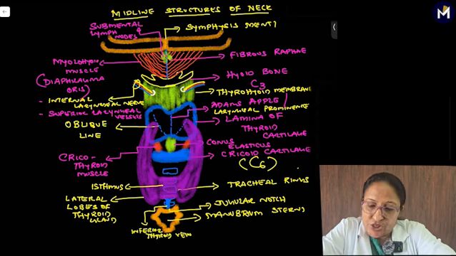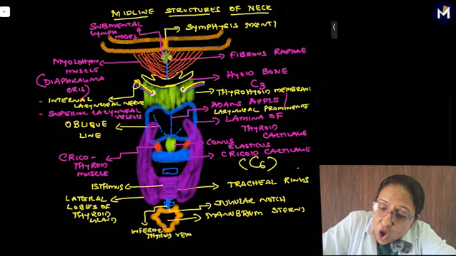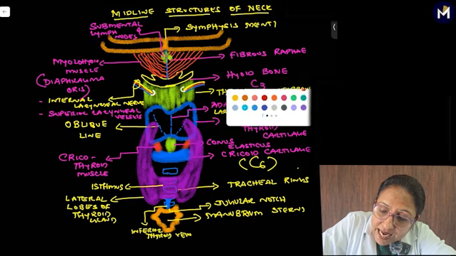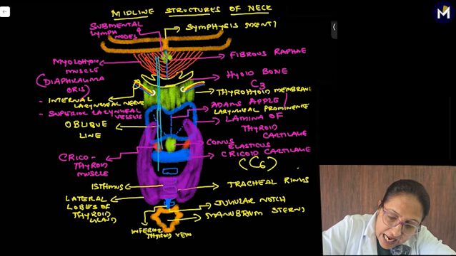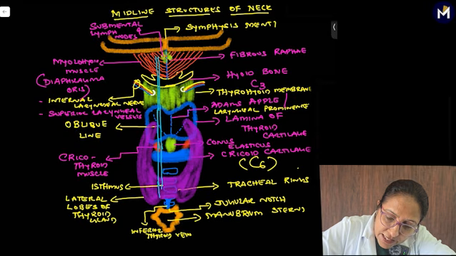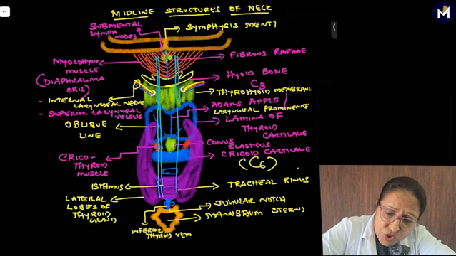The last point that we need to understand is, on either side of the midline, we have 2 veins over here. I'm just drawing it on either side of the midline here. These are anterior jugular veins. Actually, they just open into external jugular veins by just turning laterally, but they also form the jugular venous arch over here.